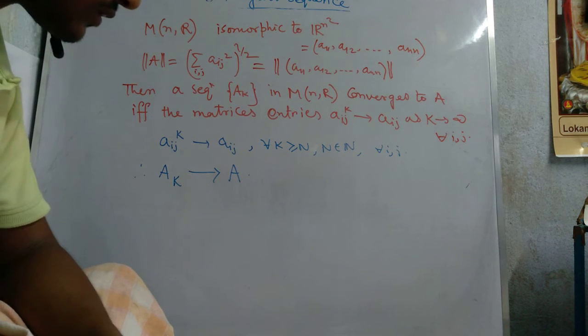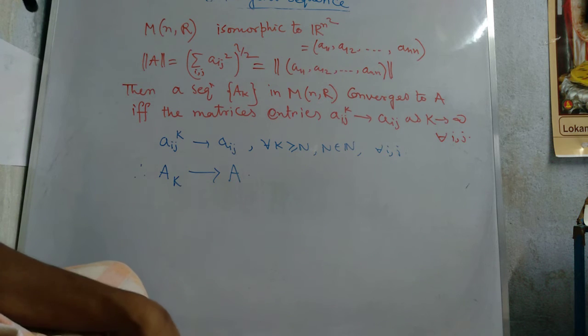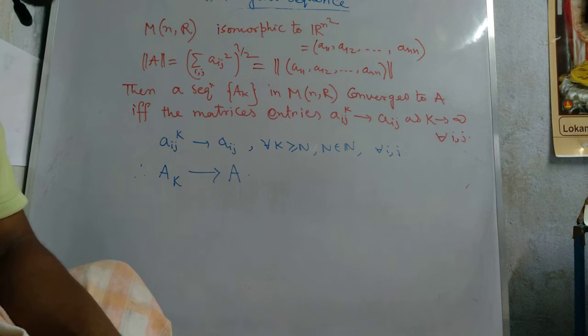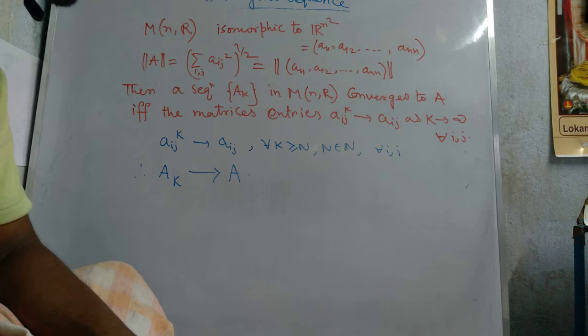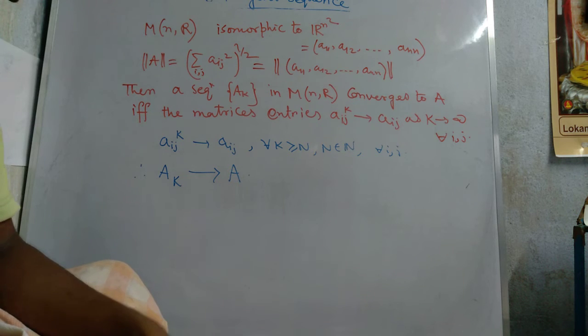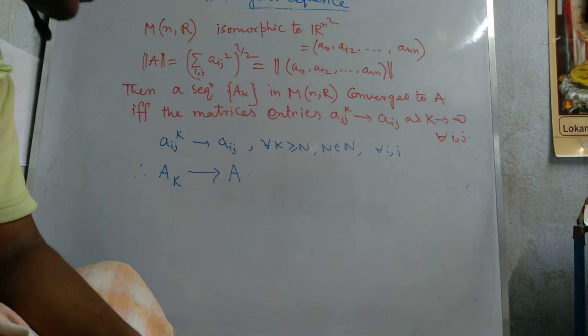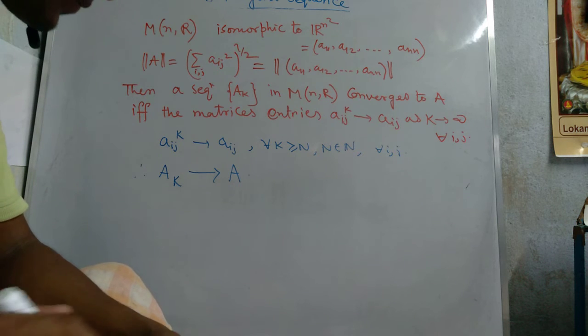That means if the matrix elements to the power k, when k is greater than or equal to N, converge to aij, then Ak is a matrix sequence which converges to A.